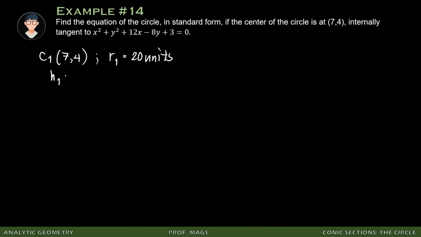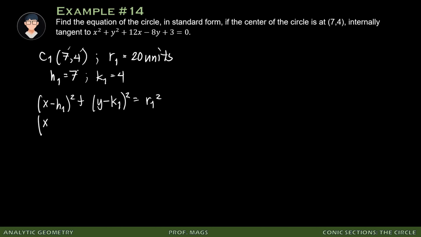So ating H sub 1 is 7 and our K sub 1 is 4. Diba? Ito ay H sub 1, ito ay K sub 1. We're just going to substitute that to our formula x minus H sub 1 square plus y minus K sub 1 square is equal to R sub 1 square. Okay?